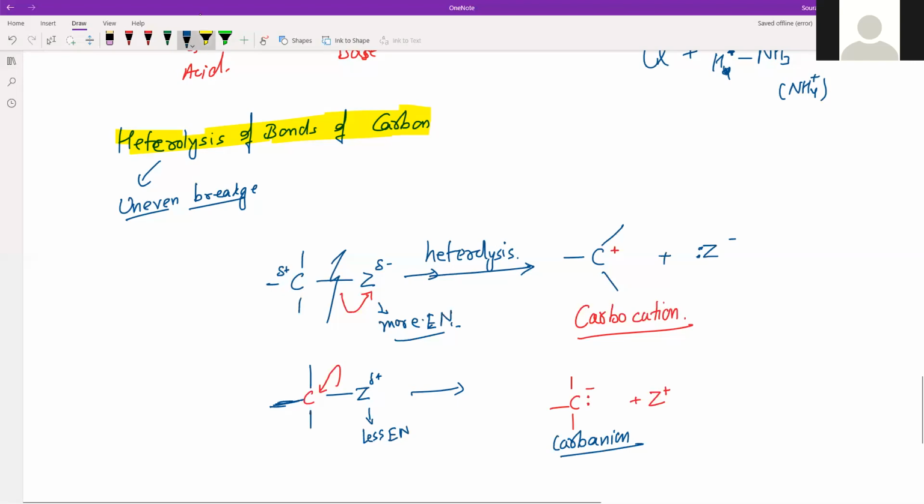So these two are two different and important reaction intermediates, right? These are carbocations and carbanions. Carbocations are electron deficient, as you can see, there is a positive charge. Carbanions are electron rich, as you can see, there is a negative charge. So that's how we understand the heterolysis concepts of bonds of carbon.